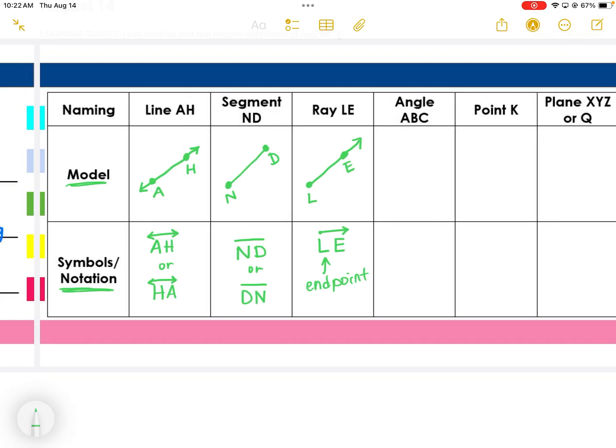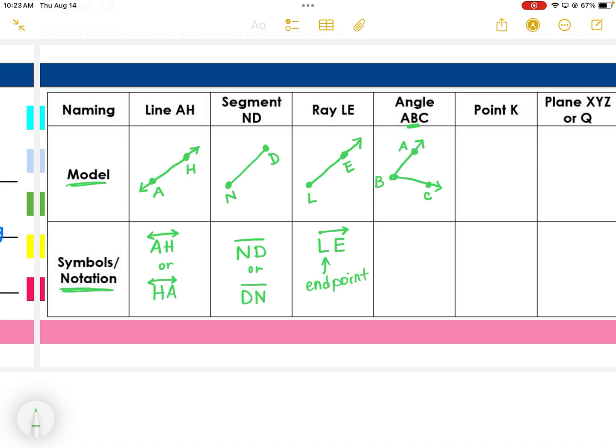Angle ABC. My first class was not sure about this. You all know what an angle looks like. Here's the thing. We're going to make that A, that B, and that C. The vertex is always written in the middle. The vertex where the two rays meet is B, so that's always going to be written in the middle.